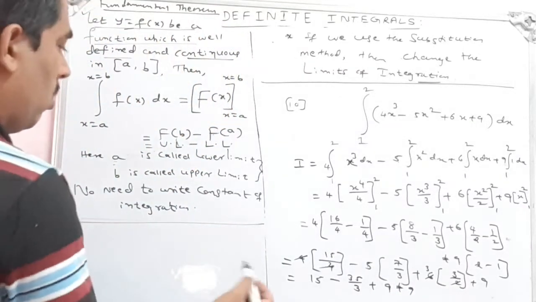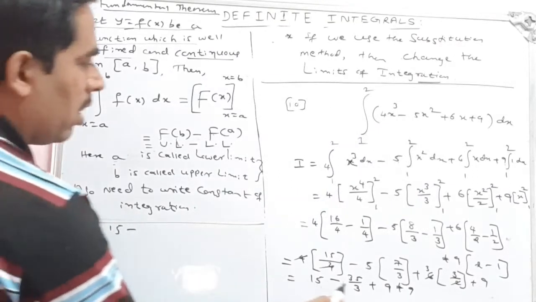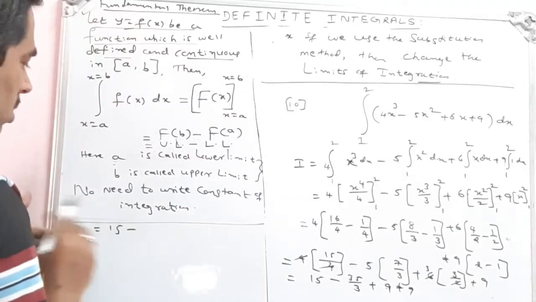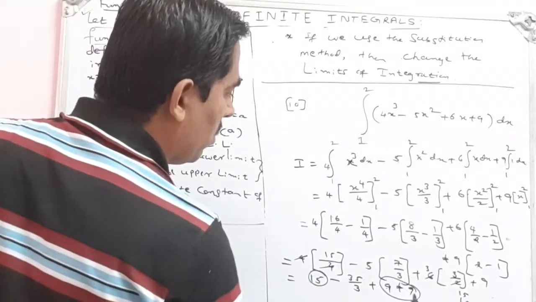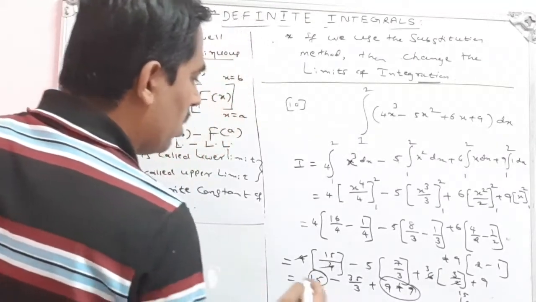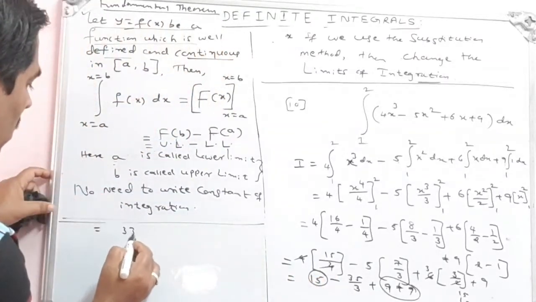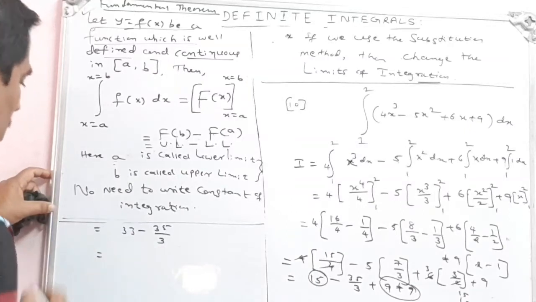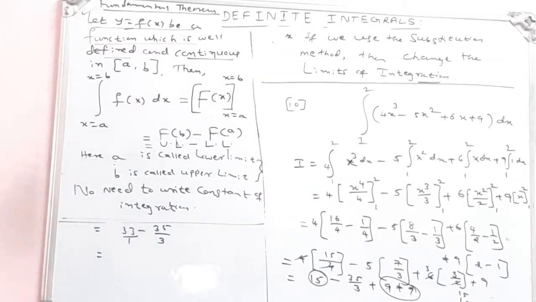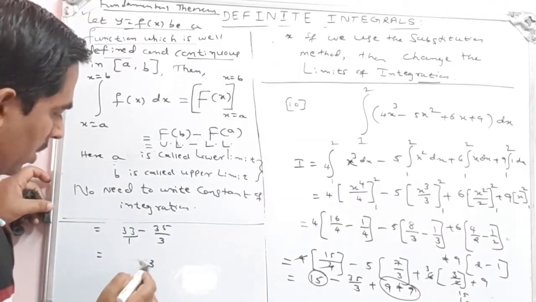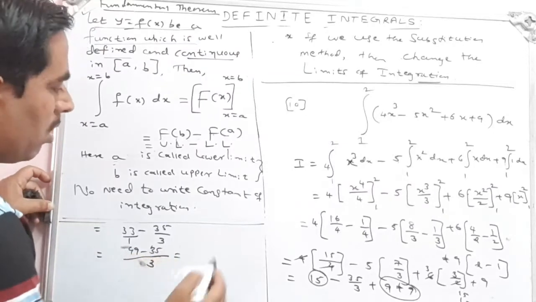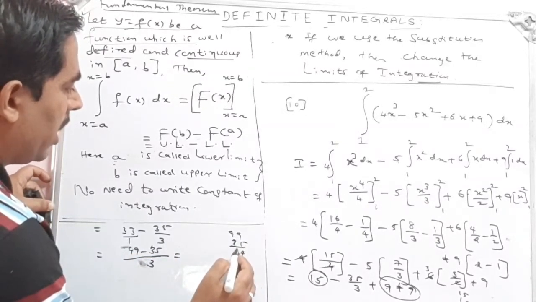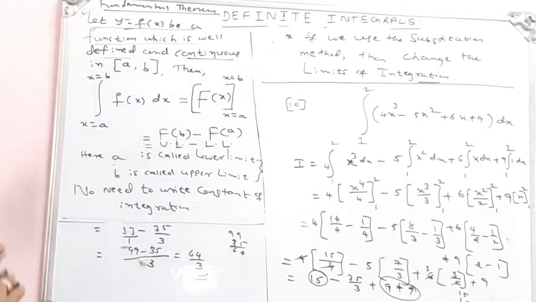Write 15 as it is, minus 35 by 3 plus 18, so 15 plus 18 is 33. 33 minus 35 by 3, then take the LCM, which is 3, and multiply every term by it, so we get 99 minus 35, which is 64 divided by 3. This is the value of the integral.